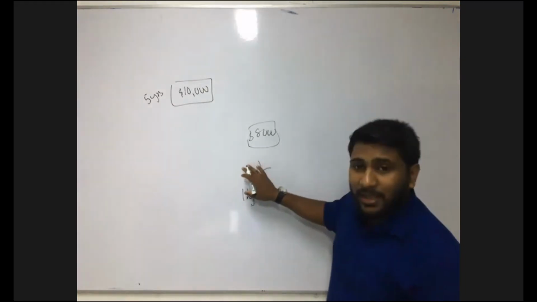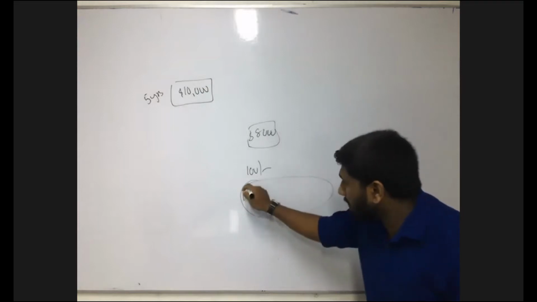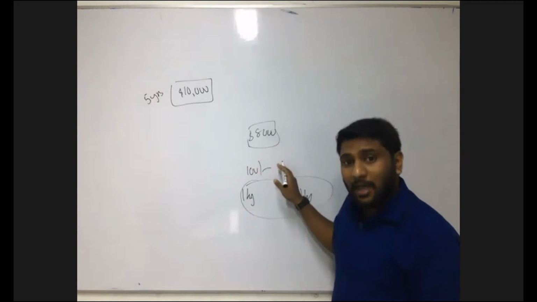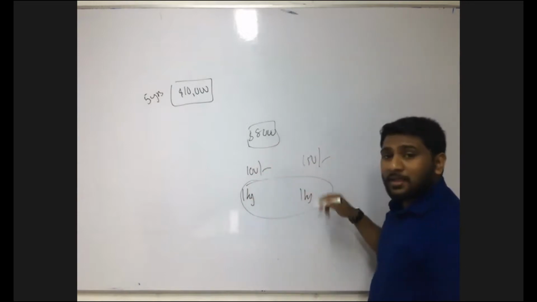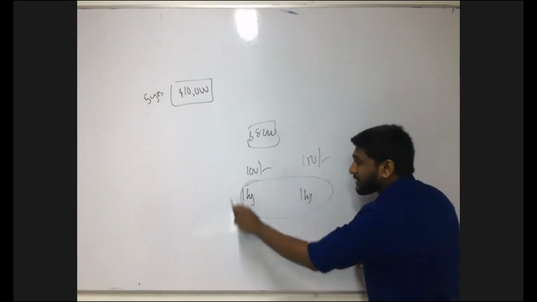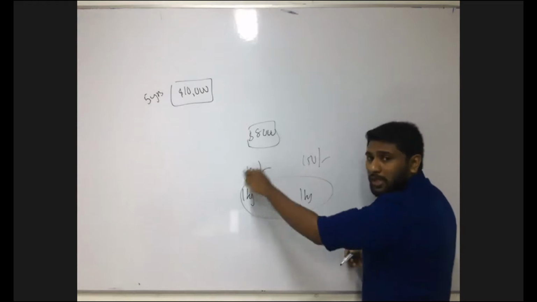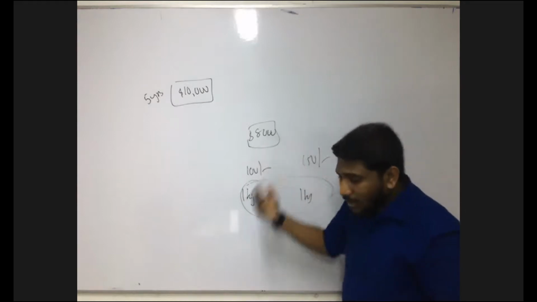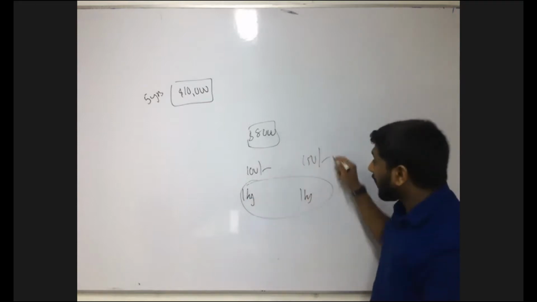But in another 5 years time, to purchase the same 1 kilo of sugar, 100 rupees is not enough. You might need 150. Then look at this case: to purchase the same product, today you have to pay only 100. Present value is only 100. To purchase the same commodity in future, you have to pay 150.